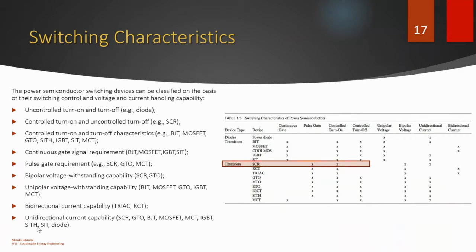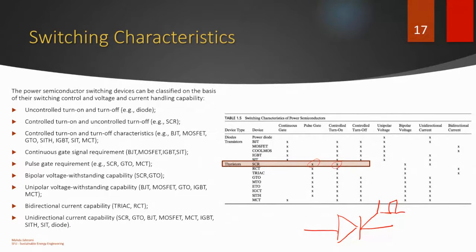So the two switches that I want you to look at are thyristors. Let's look at their properties. A conventional thyristor, an SCR, is like a diode that you can control when it turns on. It only requires a pulse to turn on.